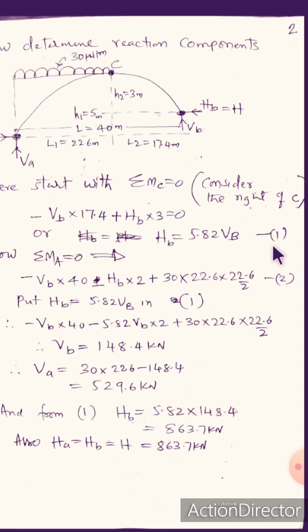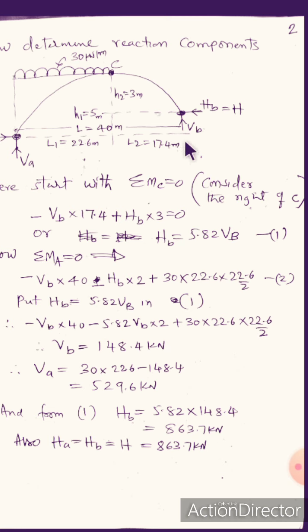Let us call it equation 1. After getting this, now use sigma MA equal to 0. So sigma MA is equal to 0. You can see the entire expression: minus VB into 40.